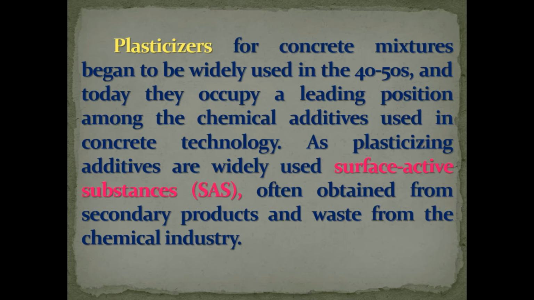Plasticizers for concrete mixtures began to be widely used in the 40s-50s, and today they occupy a leading position among the chemical additives used in concrete technology. As plasticizing additives, surface active substances, SAS, are widely used, often obtained from secondary products and waste from the chemical industry.